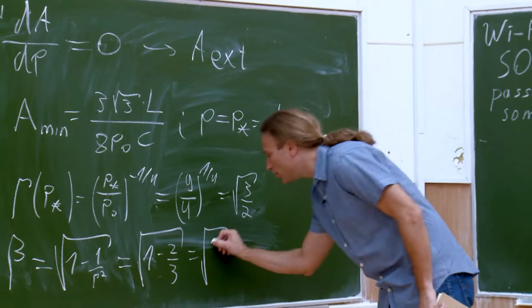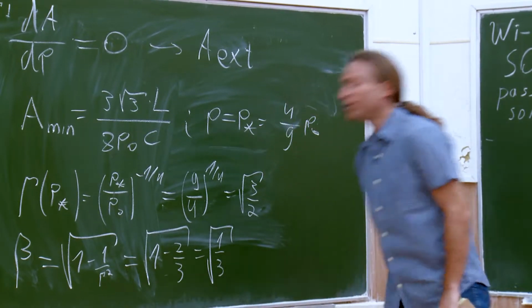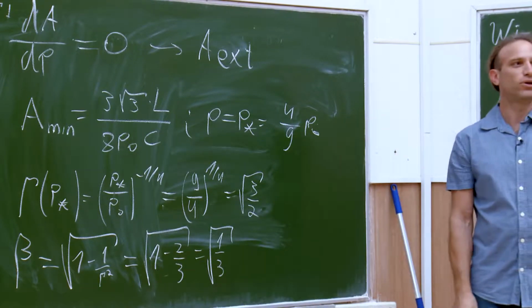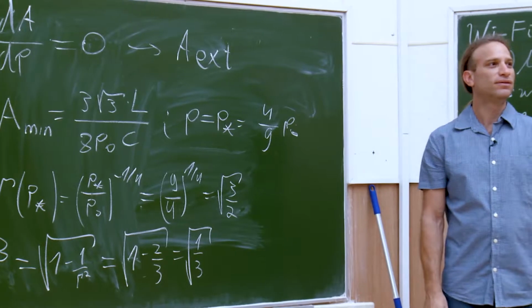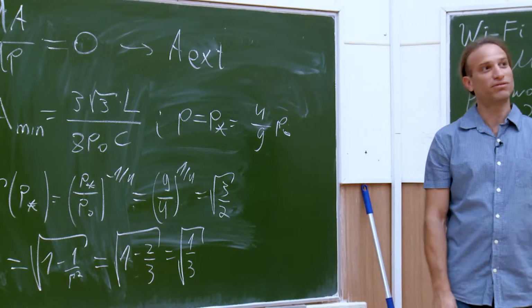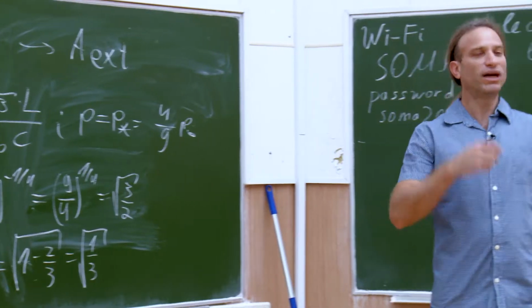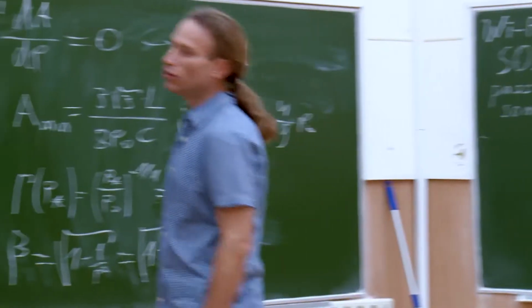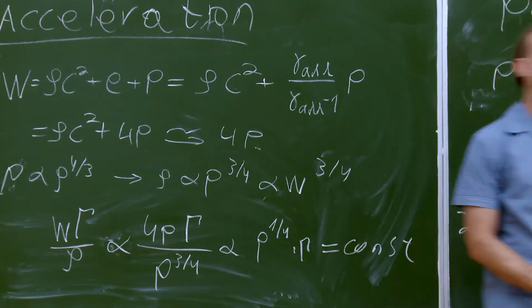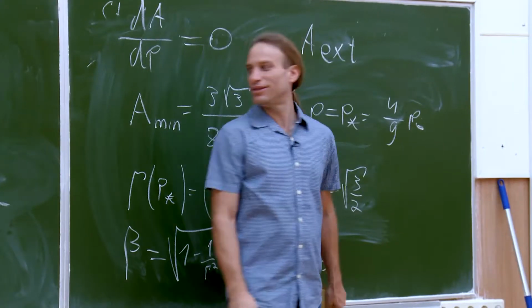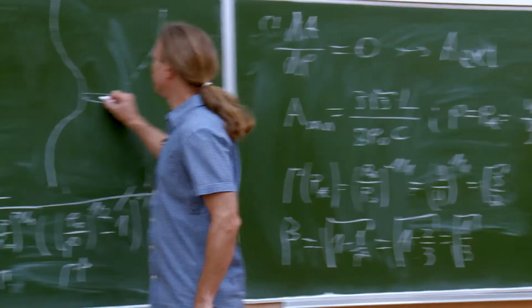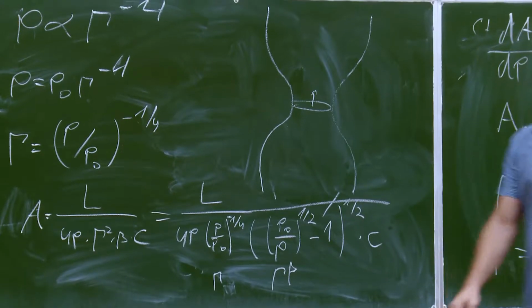And what is the square root of 1/3? Do you know? This is the relativistic sound velocity. When you have a relativistic gas, with an equation of state that looks like W equal to 4p, the sound velocity is just the square root of 1/3. So the gas here has a beta of square root of 1/3.